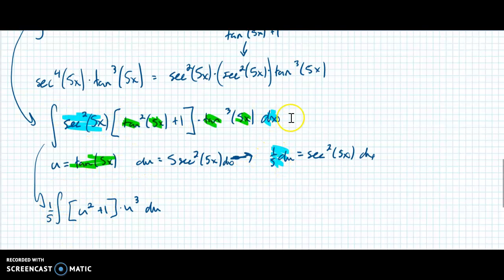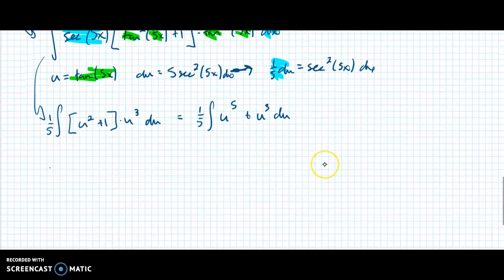And you should see that, bam, that simplifies very nicely. That could then be written as 1/5 integral of u to the 5th plus u cubed du.